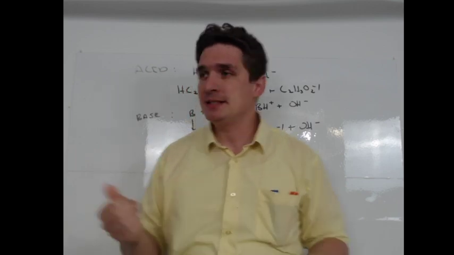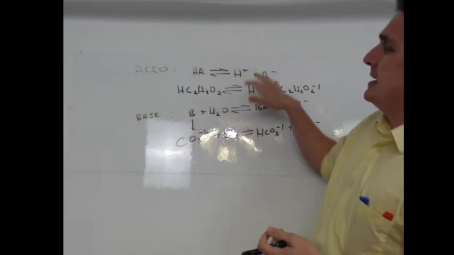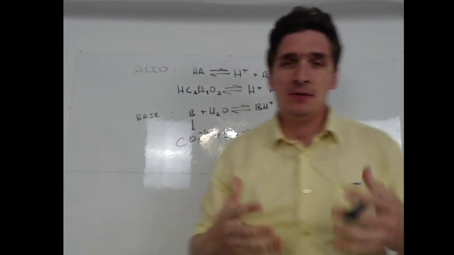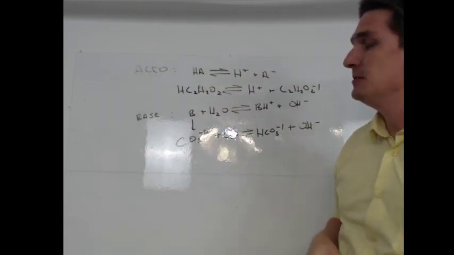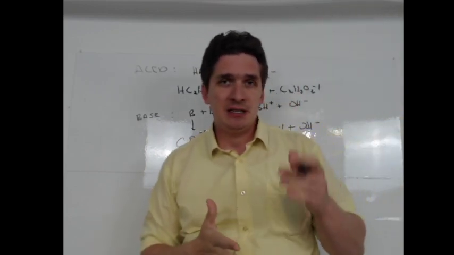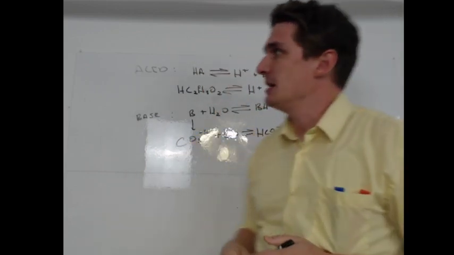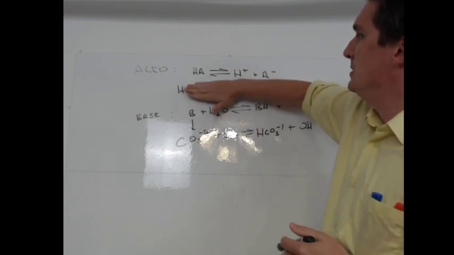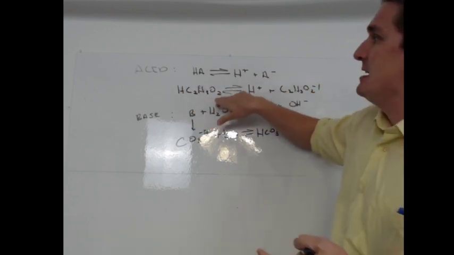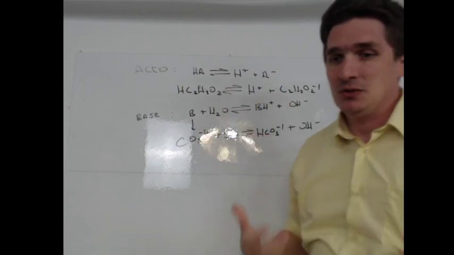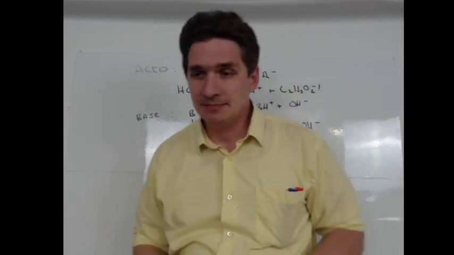So we have acids. This is how all acids act. Here's a specific example. For bases, this is how all our bases are going to act, and this is a specific example. So to get you out of the mindset of memorizing each particular case, if I have an acid, I know it has to do this, so I just need to see what my specific example is and make it look like this. Same thing's true of your base. Just make it look like that.